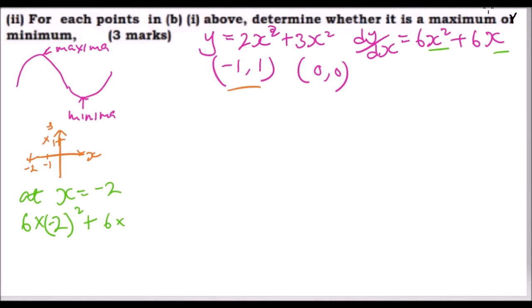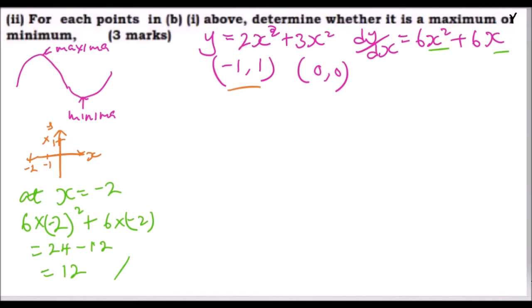That will give us 4, times 6, that is 24, and this will be 6 multiplied by minus 2, that will give us minus 12, so this is equal to 12. So we can say the gradient here is positive, and the nature of the gradient is of this form. When it is negative, the gradient takes that shape.